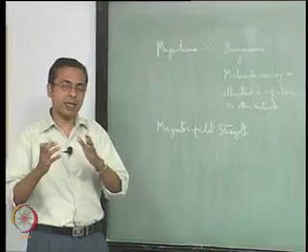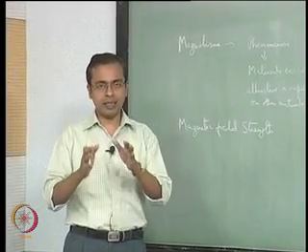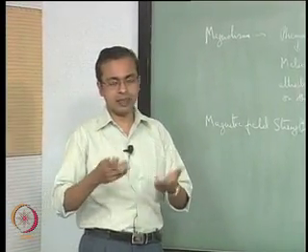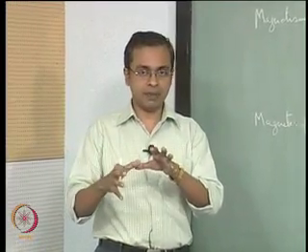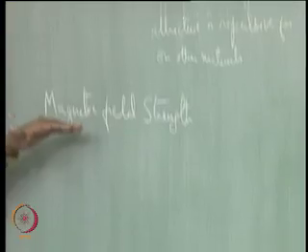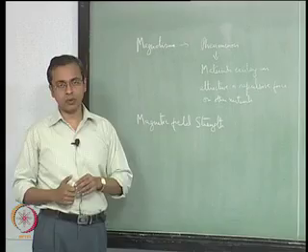To study that, we have to externally generate this magnetic field, impose it on that material, and then study what is happening to the material as it encounters this field. When we generate the field, it is quantified by the magnetic field strength.